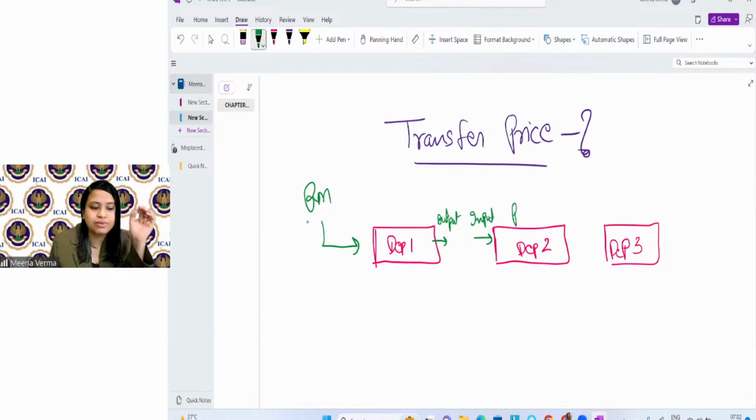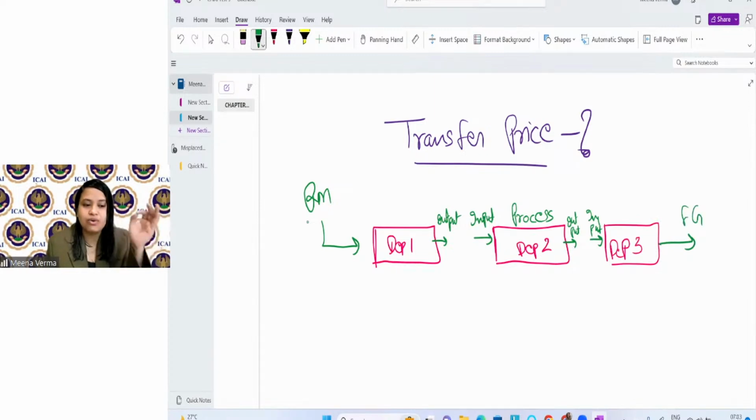Then further process will take place here. The output of this will become input for this. Then you will receive a final good here.